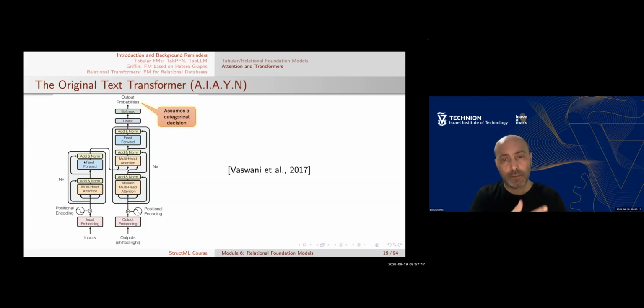You apply it n times, each layer with its parameters. Once you're done with these layers of attention, you go to the end. Some linear post-processing, softmax gives you output probabilities, and again, we assume that in the end we need to make a categorical decision.